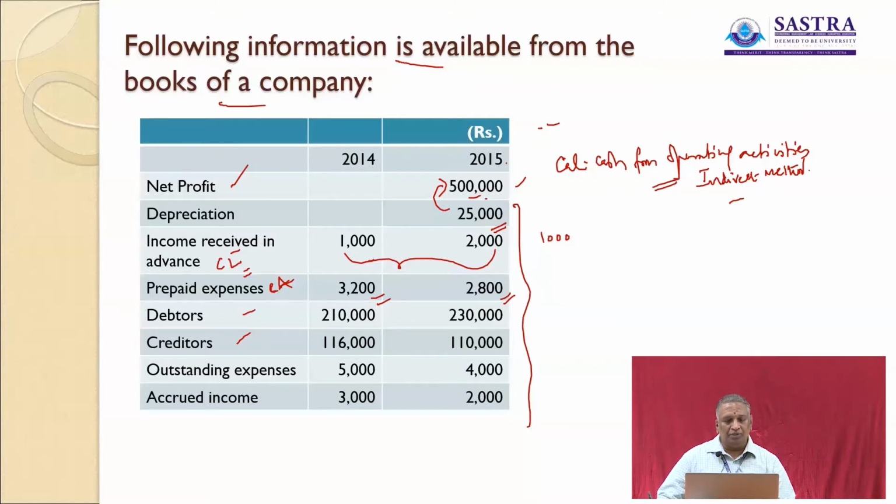That means 400 rupees, you will have more cash. So decrease in current asset means increase in cash. So it should be added. Decrease in current asset and increase in current liability to be always added. So these two are add items.